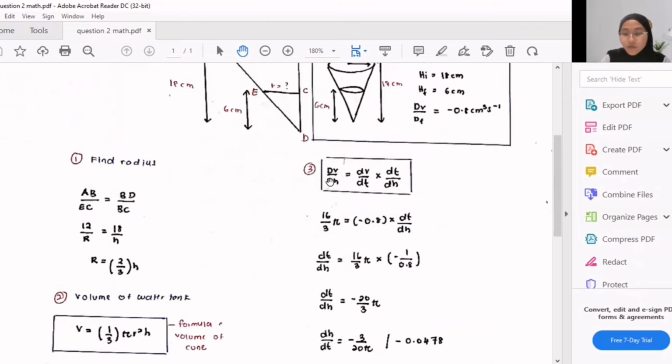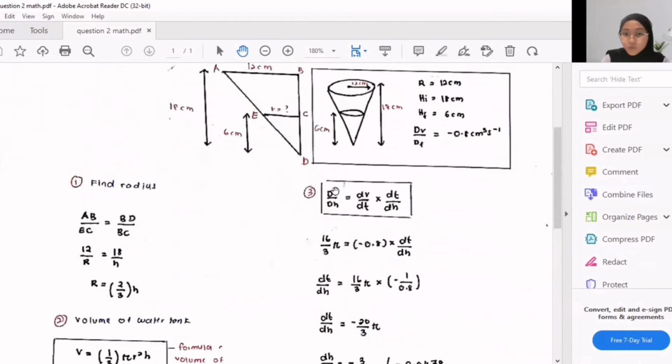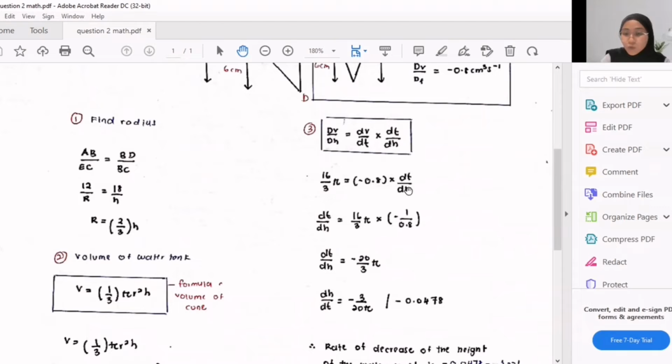For step 3, dV over dH equals dV over dt multiplied by dt over dH. From this equation, dV over dH I already found in step 2, and dV over dt is in the question. So I want to find dt over dH. I substitute all the information that I get into the equation, and I want to make dt over dH the subject.